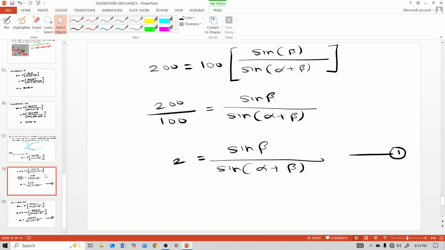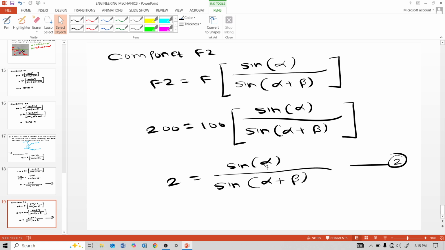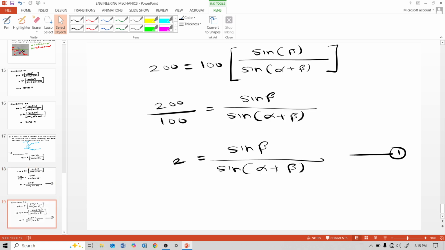So just see here, 2 is equal to sine of beta upon sine of alpha plus beta, and 2 is equal to sine of alpha upon sine of alpha plus beta. So just compare 1 and 2.